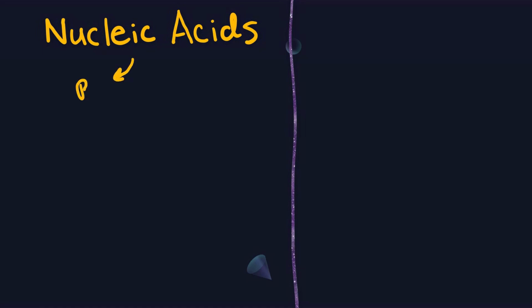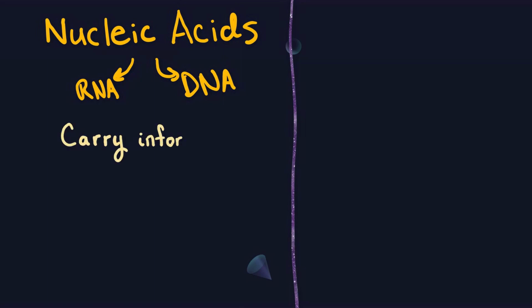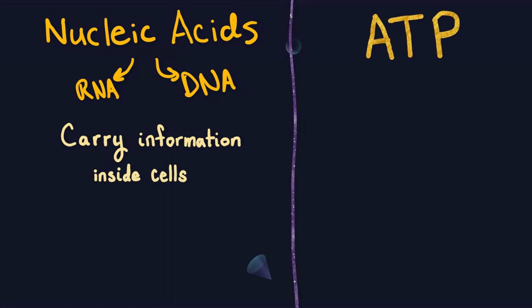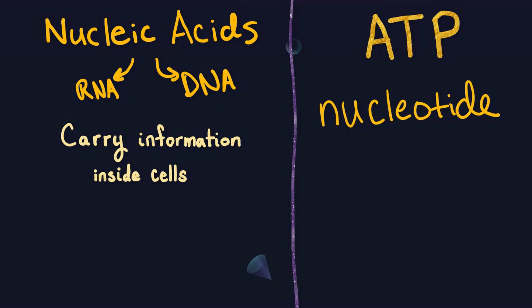Don't let this confuse you though. Generally speaking, if we are talking about nucleic acids, we are talking about RNA or DNA, and we are talking about molecules whose main function is to carry information inside cells. ATP is technically a nucleotide, but it does not polymerize, so it's not really a nucleic acid.